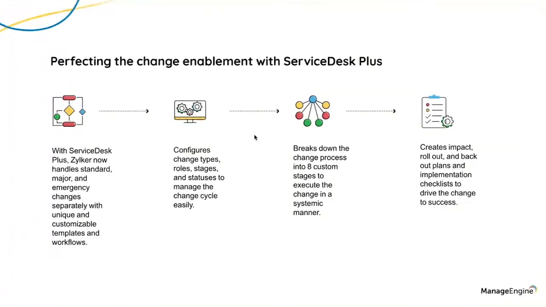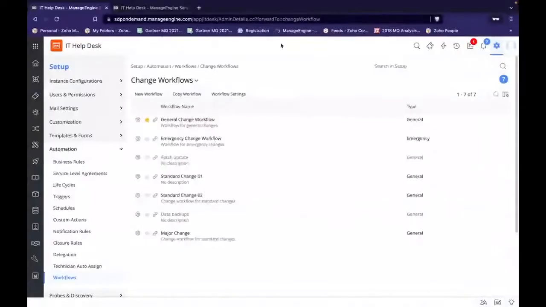We also saw how the change is broken down into 8 custom stages. And the next step that we're going to see in ServiceDesk Plus is how to move the RFC through all of these 8 stages. So we would start off with the planning phase with detailed impact, rollout, and backward plan. So let's go ahead and do just that.